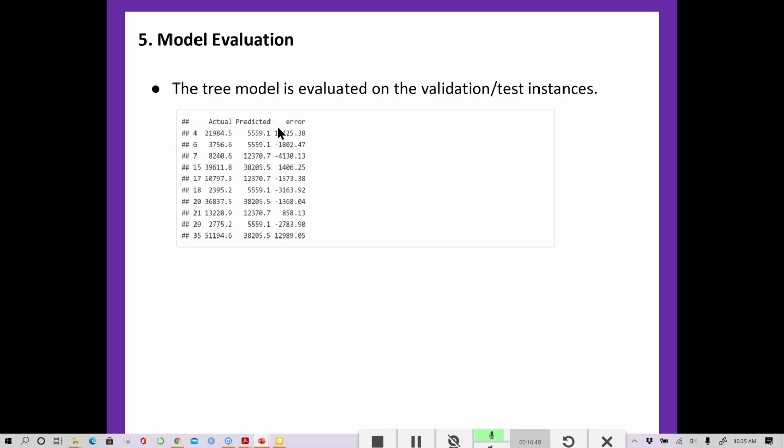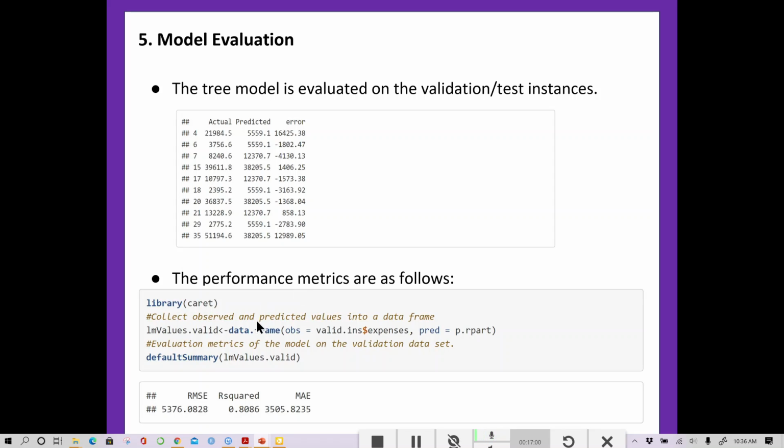So these are the errors. We'll see that for some instances, the error of prediction is low, and for some, it is incredibly high. To look at the performance metrics, we have the root mean square error, the R squared, and the mean absolute error of 3,505 on average associated with the single regression tree model.